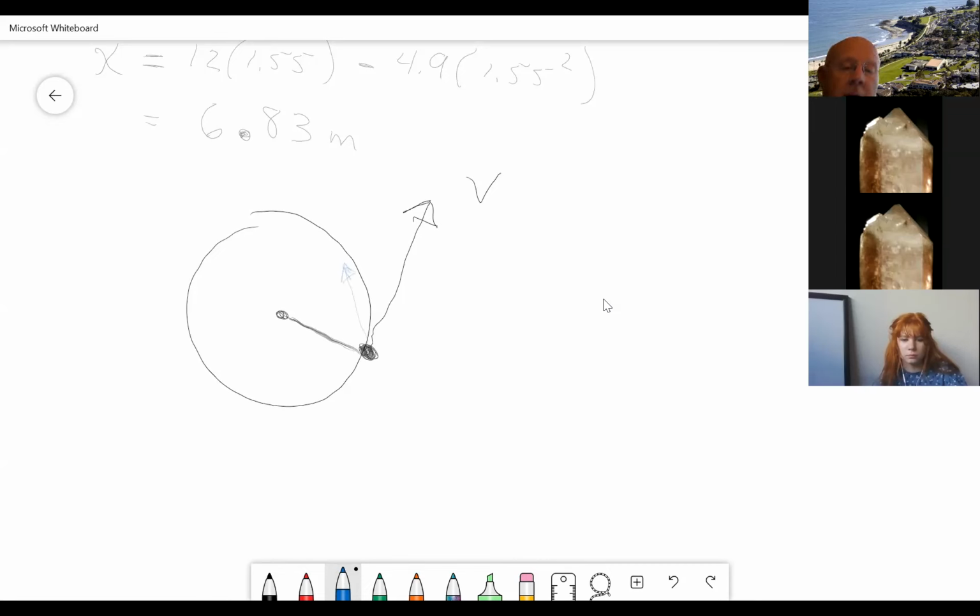But here's a key to the ones that always go in a circle. This velocity vector here, you're going to want to think about as made up of a component that is in the radial direction and a component that is tangential.